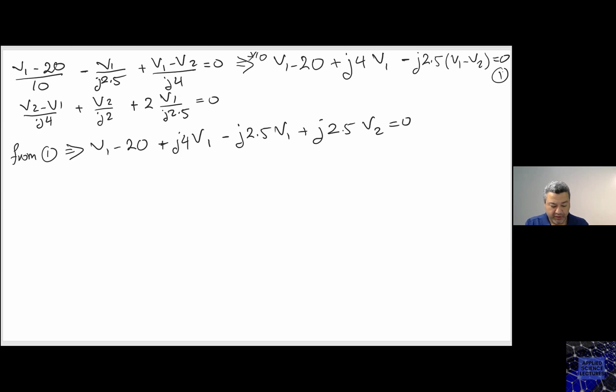Then this is v1. This is imaginary v1. Imaginary. So we have v1, j4 minus j2.5 as plus j1.5 v1, plus j0.5 v2 equals 20.